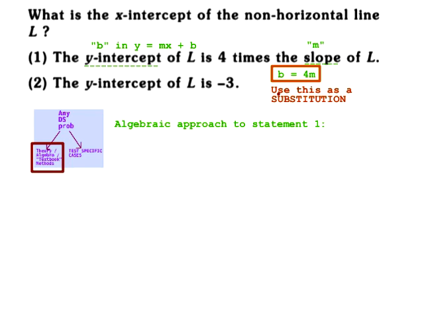So you can plug this in to b in the typical linear equation right there. So that means the equation is now y equals mx plus 4m.